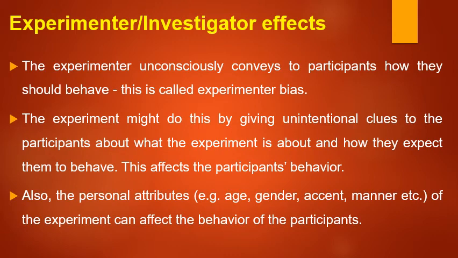The experimenter might do this by giving unintentional clues to the participants about what the experiment is about and how they are expected to behave. This affects the participants' behavior. Definitely it will affect their behavior, and they may behave according to your expectations. That gives wrong results. Also, the personal attributes of the experimenter, like age, gender, accent and manner, can affect the behavior of the participants, right?